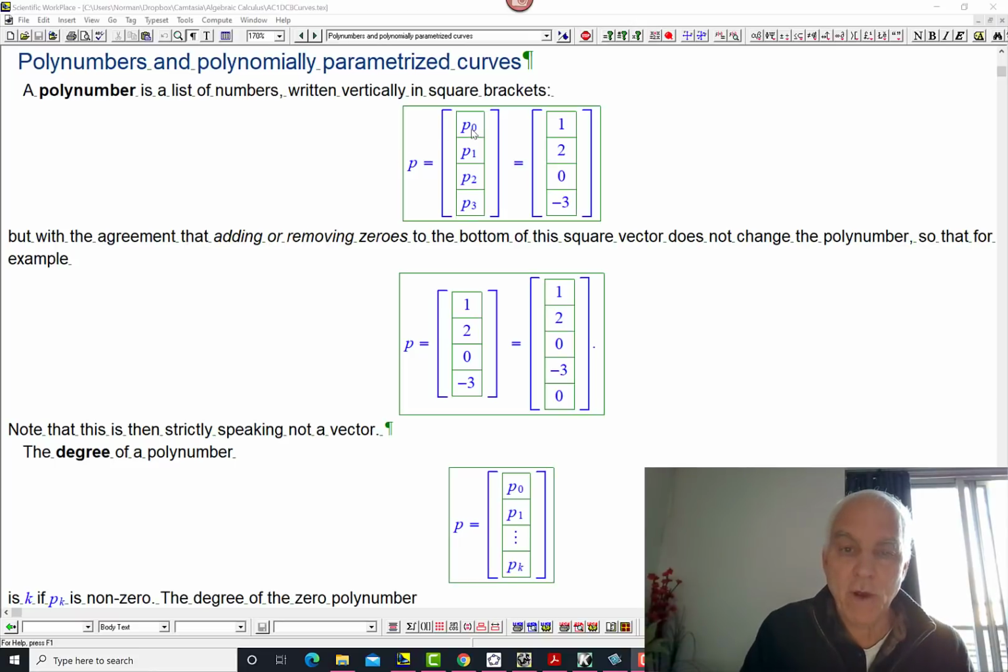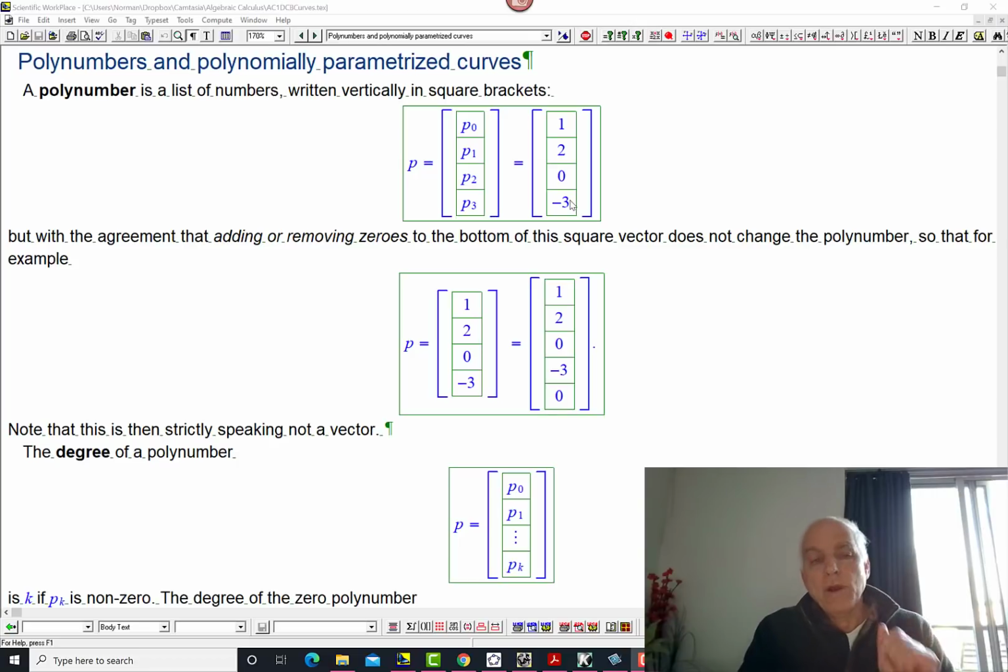So this particular one has 4 entries, and we'll typically start the labeling from the top with a 0 index. So this is the entry or coefficient P0, and then P1, P2, and P3. And let's say, to be specific, that we're talking about this particular polynumber, 1, 2, 0, minus 3.